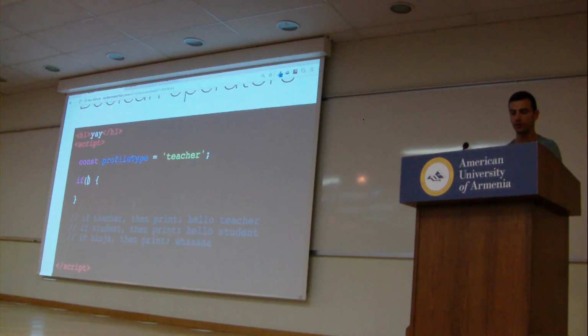What is my condition? Is profile type equal to teacher. If this is true, then I will print, in other words, console.log, open and close with the semicolon at the end. Now I will write hello teacher. Can I just do this? Why can't I do this?